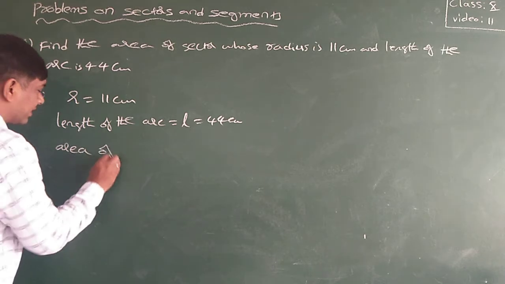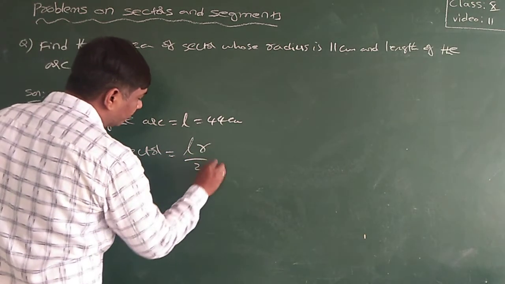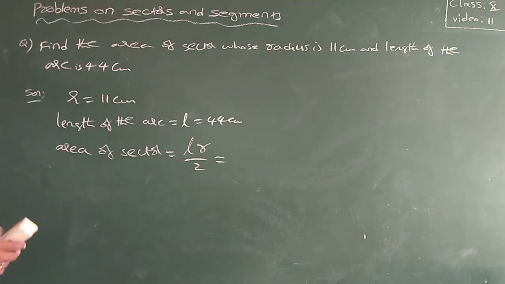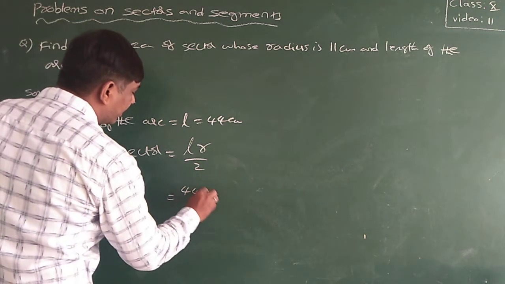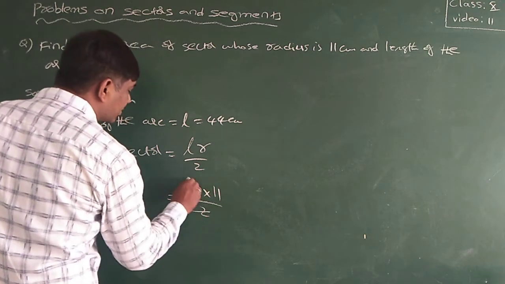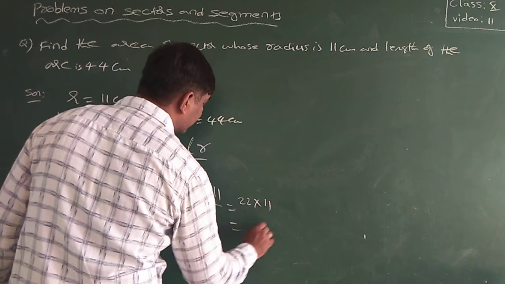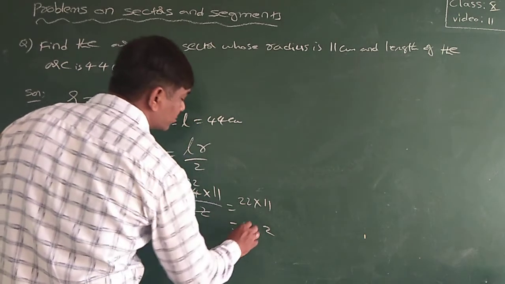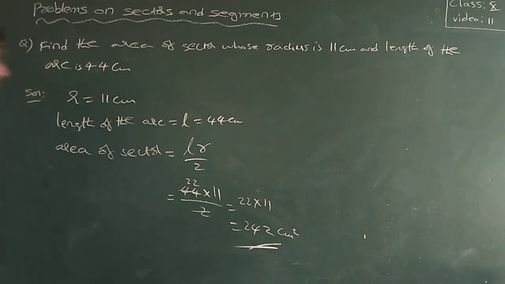Area of sector is equal to LR by 2 formula. So L is 44 into radius 11 by 2. 2 ones are 2, 22 are. That equals 22 into 11. 11 2s are 22, 11 2s are 22 plus 2 is 24. 242 centimeters square.